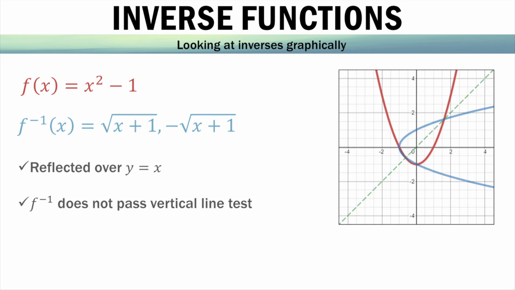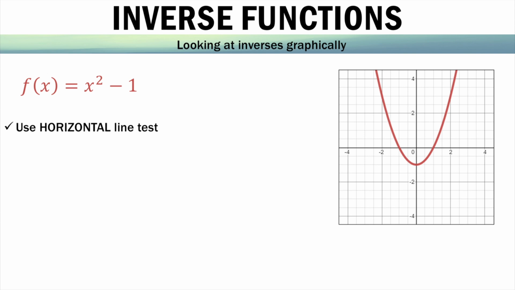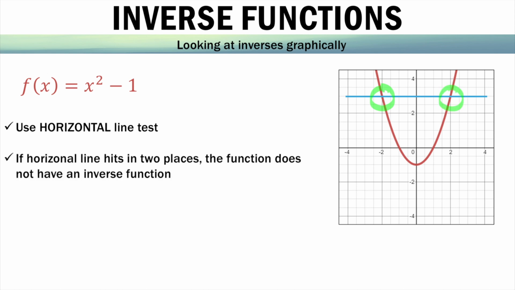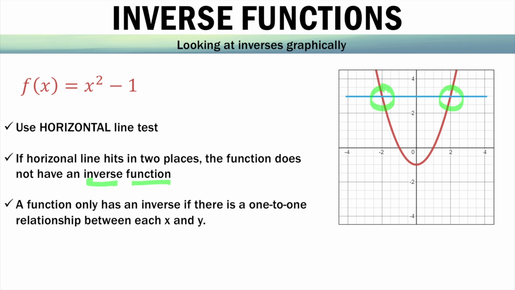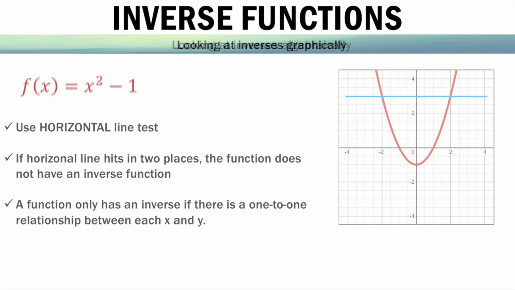Now we could have shortcutted this just a little bit by using the horizontal line test instead of looking at the inverse graphically and then doing the vertical line test. And see, that hits the graph in two spots. So if the horizontal line hits in two places, then the function does not have an inverse function. A function only has an inverse function if there's a 1-to-1 relationship between x and y.